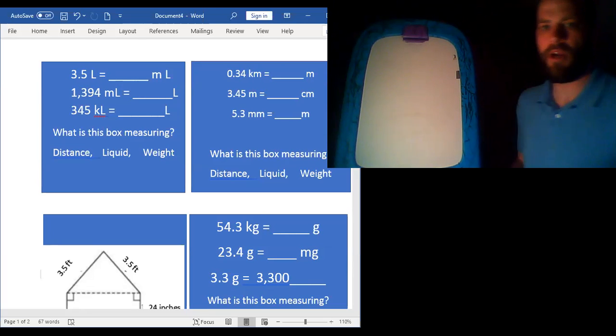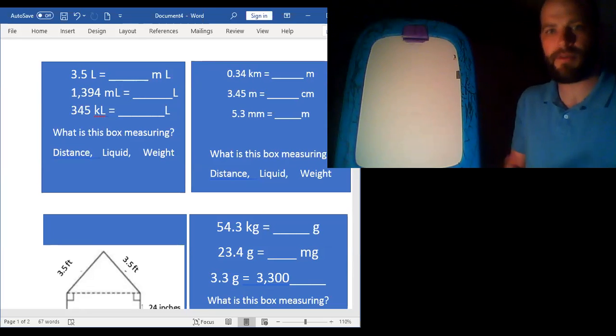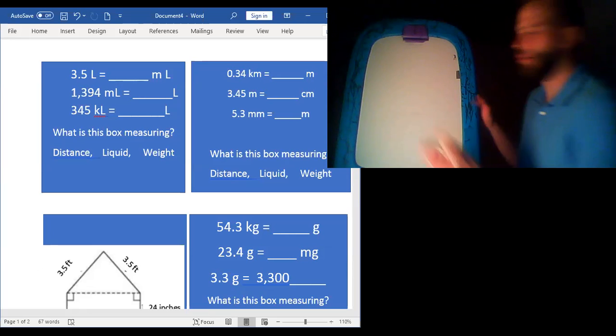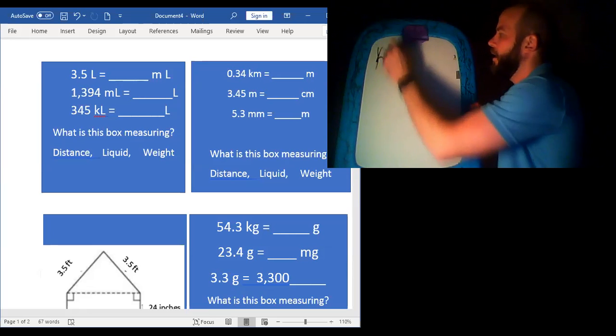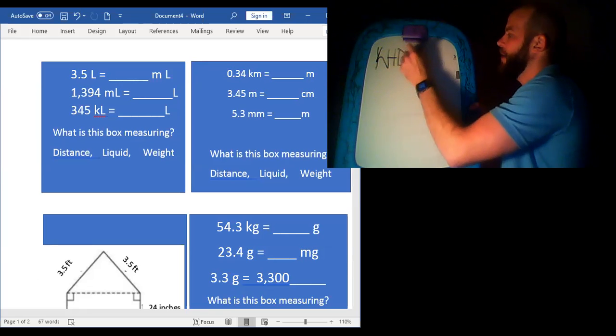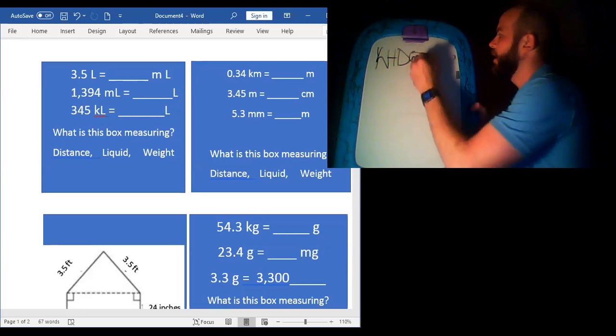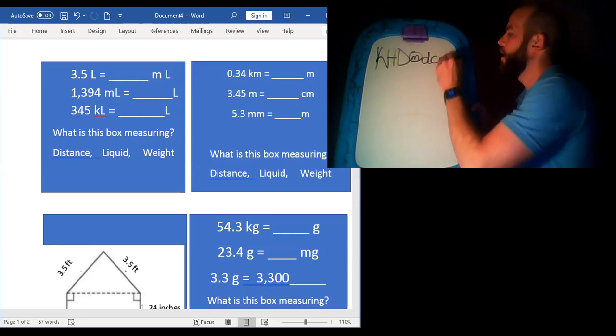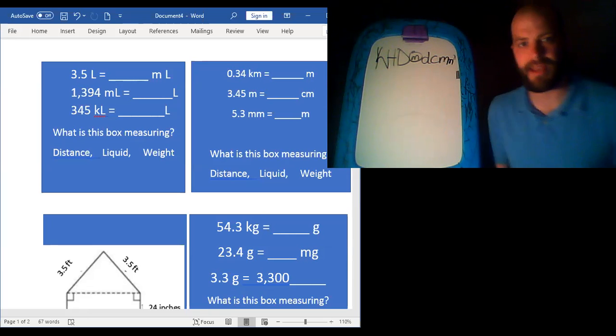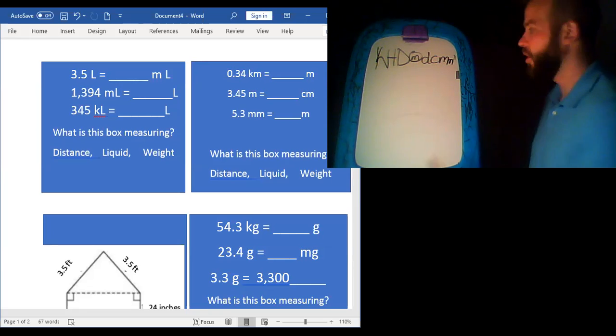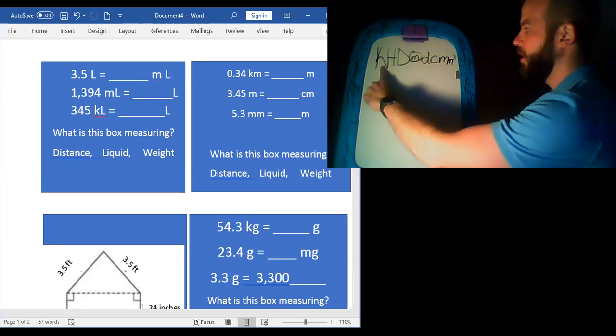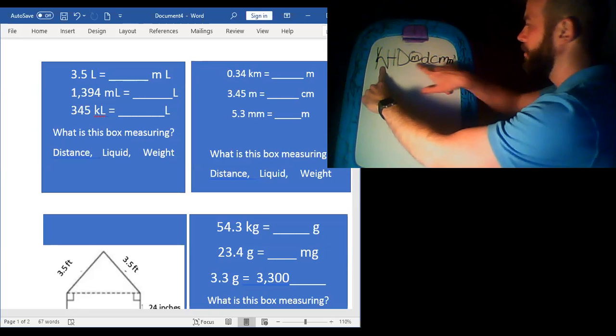All right. We are going kilometers, meters, centimeters, millimeters, meters. Cool. King Henry died by, and I'm going to put my M there, by drinking chocolate milk. Now I'm just going to put an MM there because everyone gets confused with that. So we're going, holy guacamole, we're going from kilometers to meters.